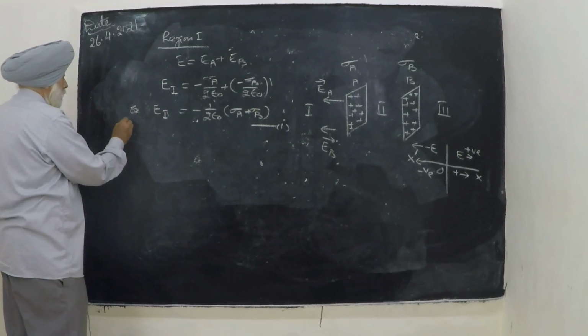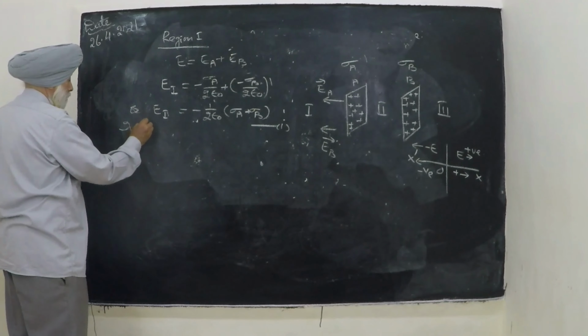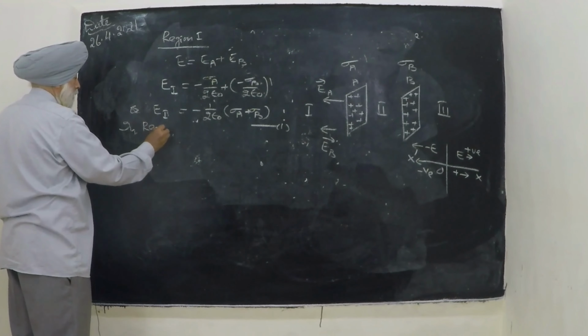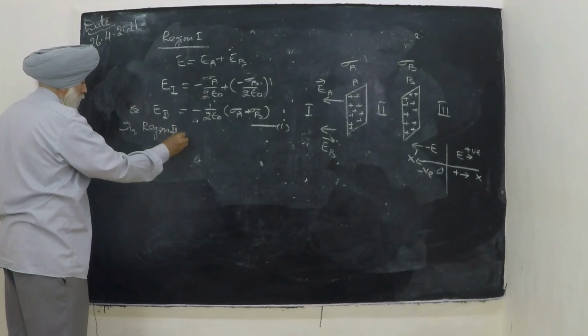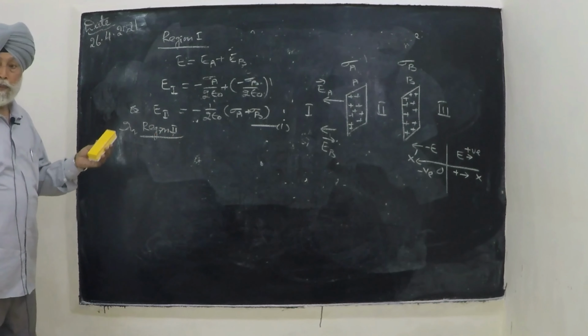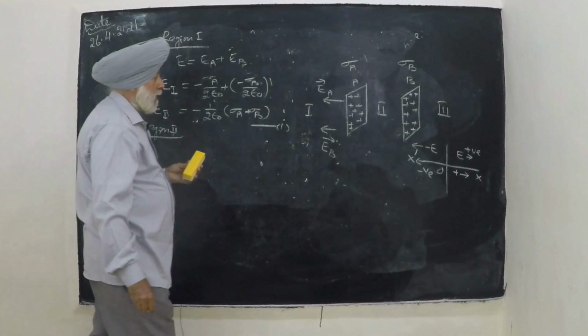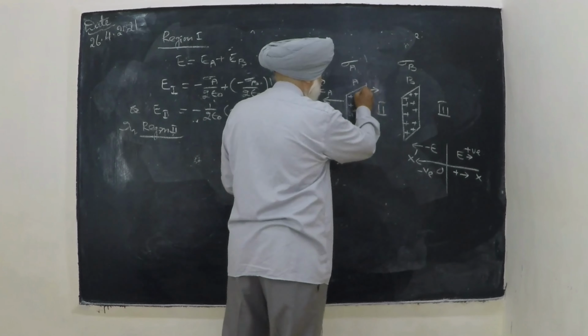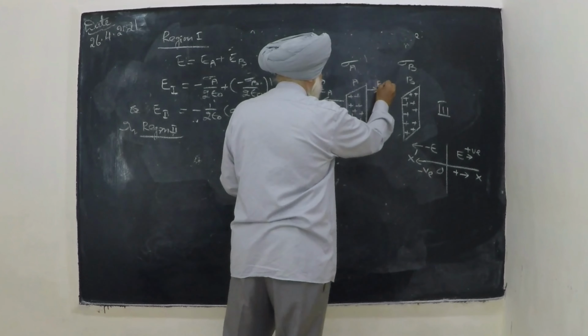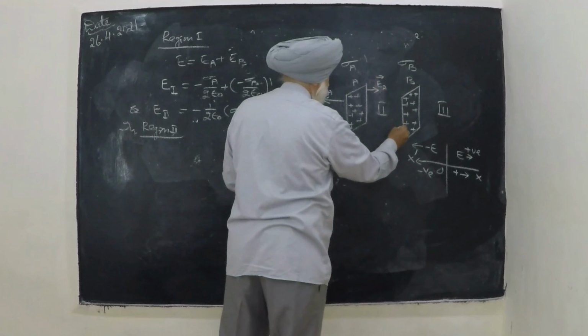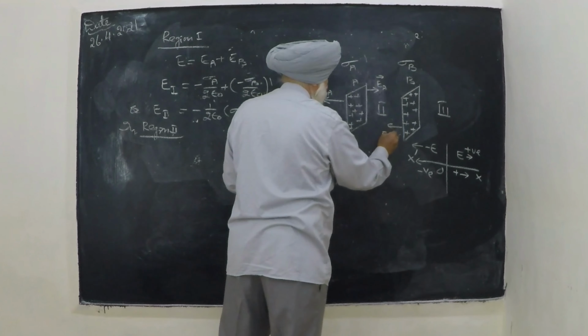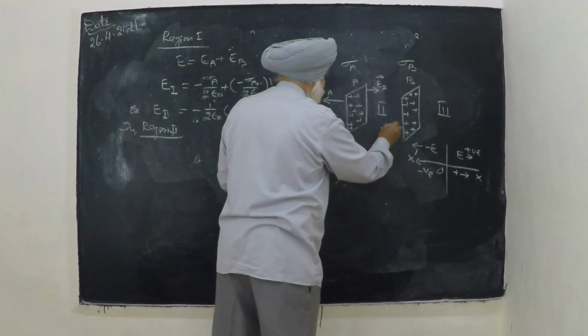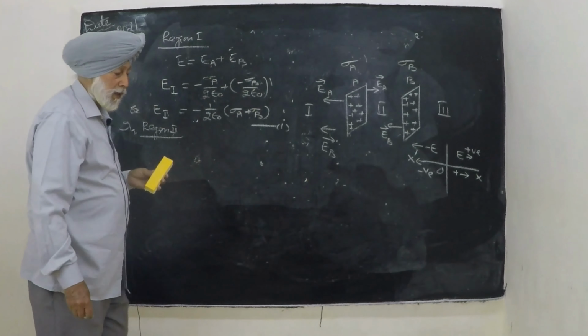In region 2, that is in between the two plates, the electric field produced by this sheet is perpendicular to its length, E A, but this is in the opposite direction, E B. What will be the electric field intensity here?